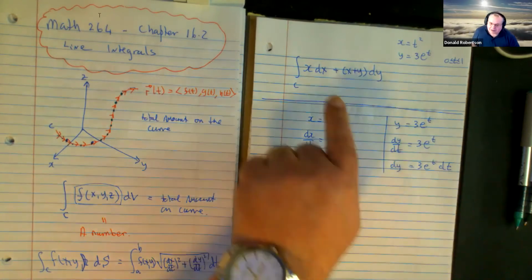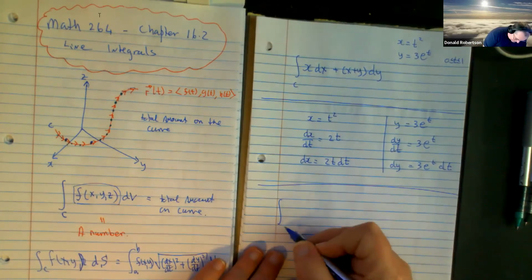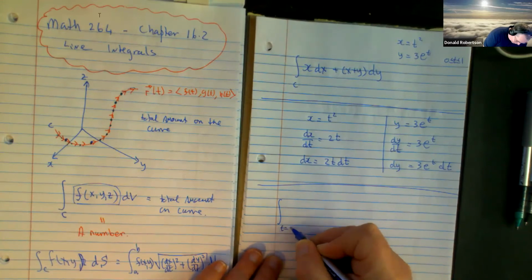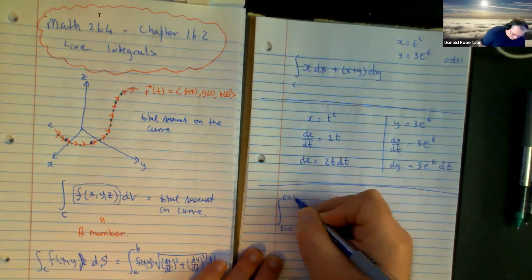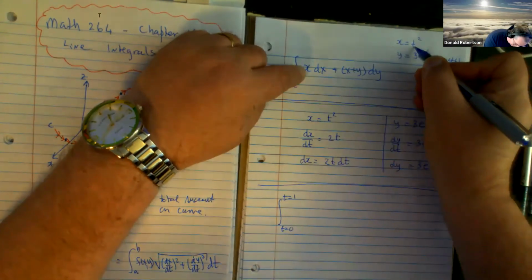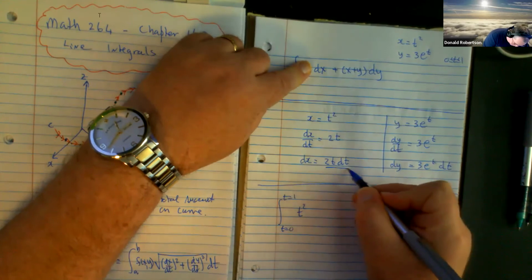Now I'm going to go back to this integral, and I'm going to do it from t equals 0 to t equals 1. And x is now going to be replaced by t squared, and dx is going to be replaced by that guy.